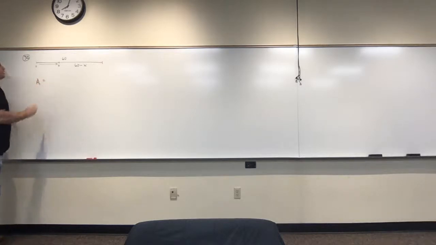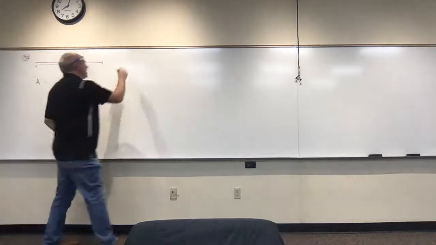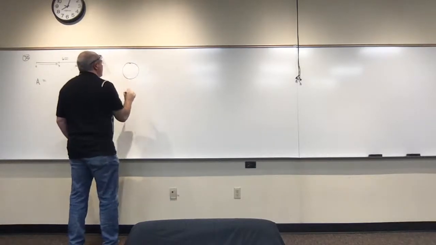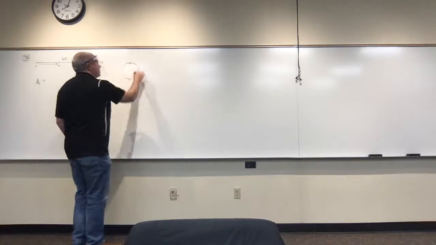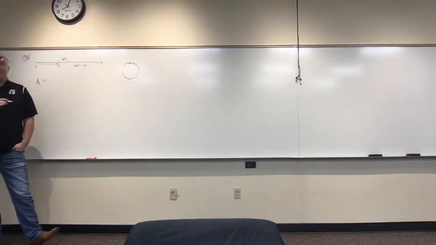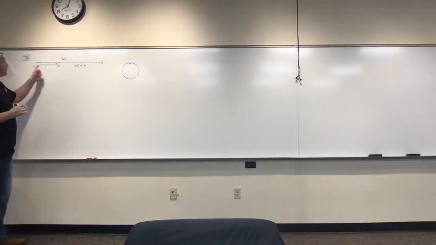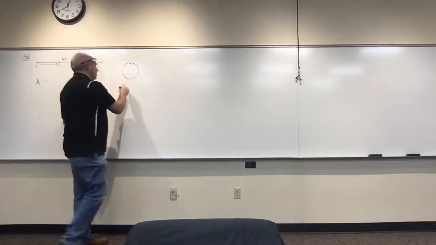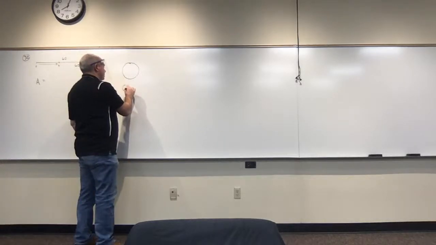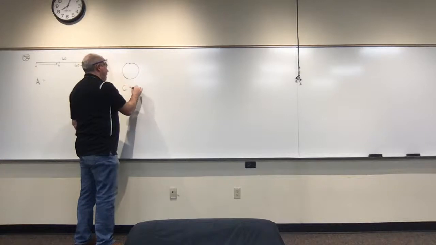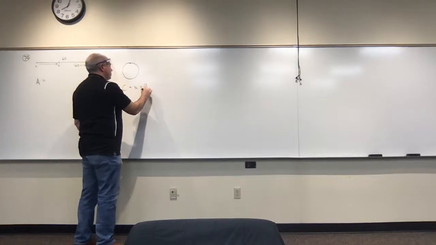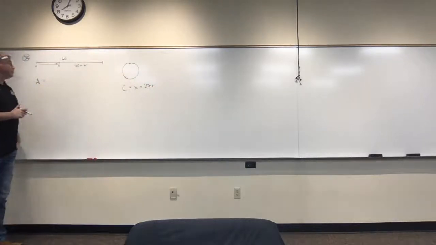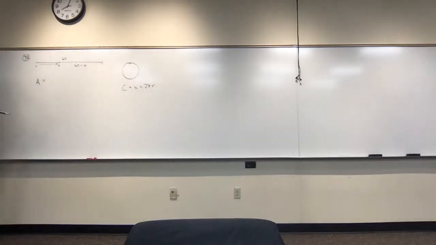Okay, so what we're trying to maximize or minimize is the combined area of the circle and the square. So the question is, if I bend these wires, I'm going to get this circle. And what I know about this circle right now is I know its circumference, right? Because I know that all the way around is X. So I know that the circumference of this circle is equal to X, which is equal to 2 pi r. Correct?